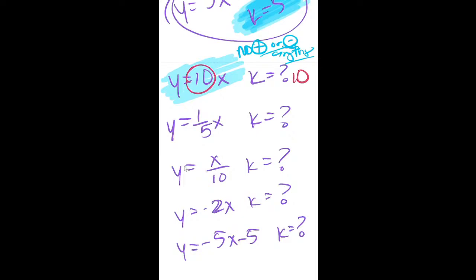Okay? There should be no plus or minus anything for our next one, and there isn't. So this is a direct variation. When x is 0, y is 0. So the number in front of x then is 1/5. And that means that y is increasing by 1/5 every time x increases by 1.